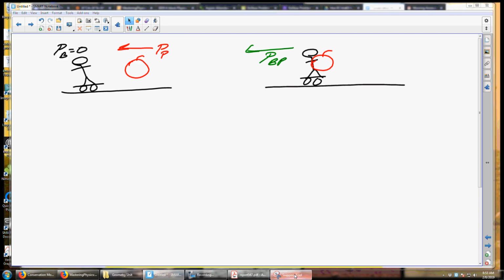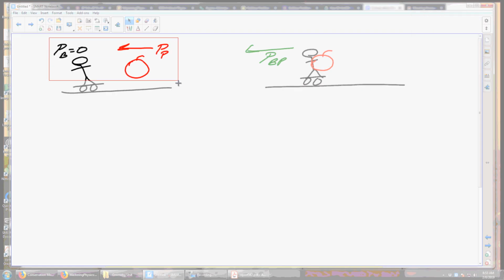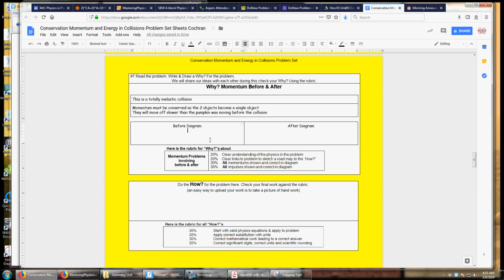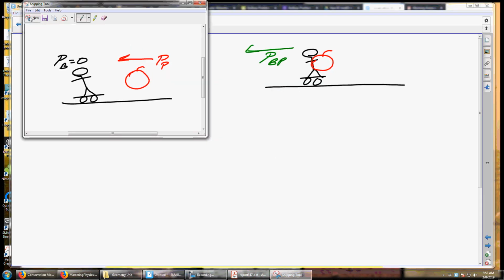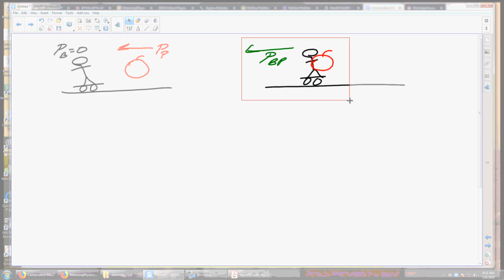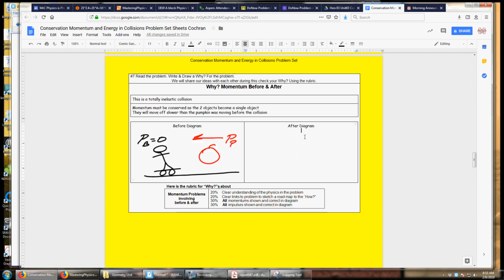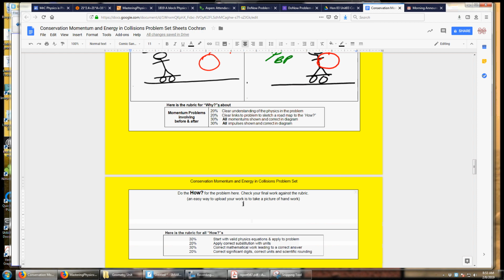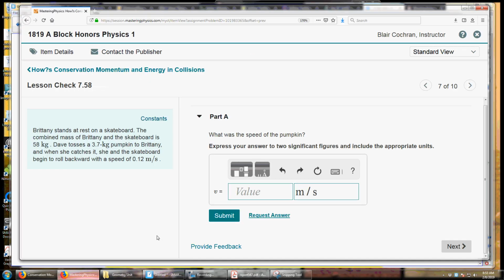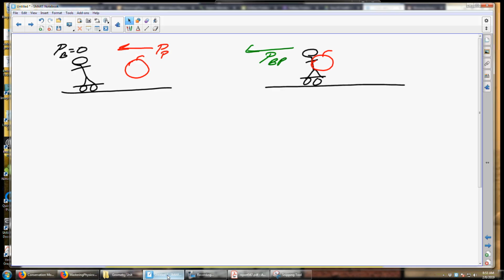Alright, let me get it into my stuff. So, from the equation sheet, I'm going to grab that momentum of the system before equals momentum of the system afterwards.